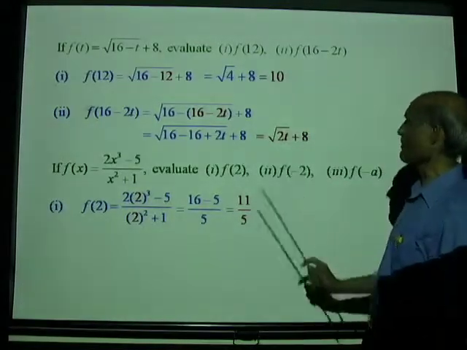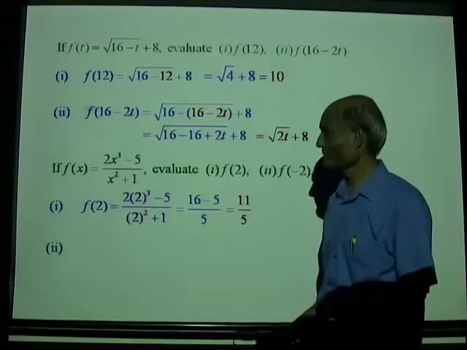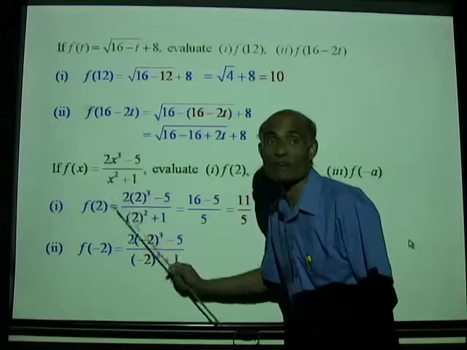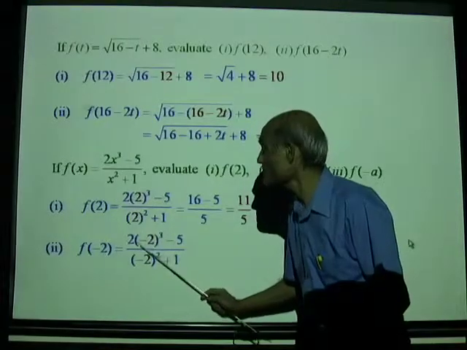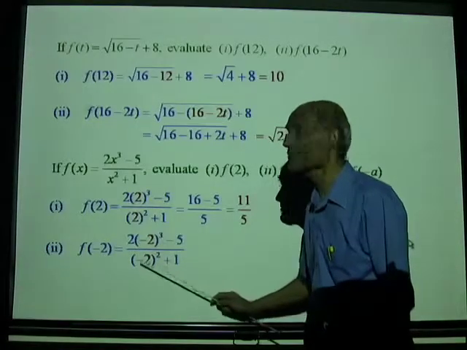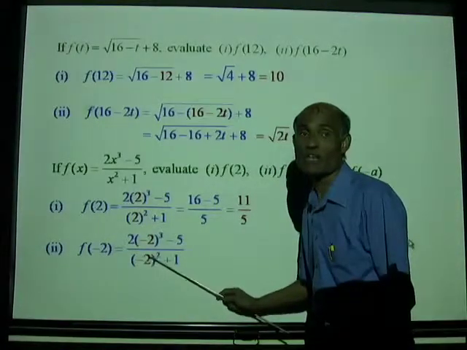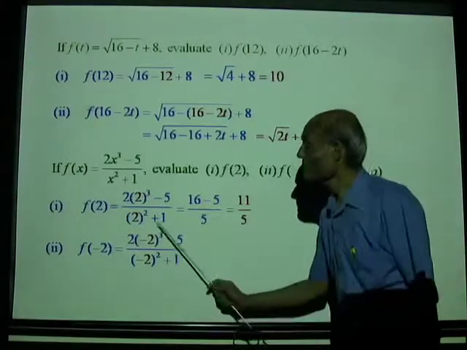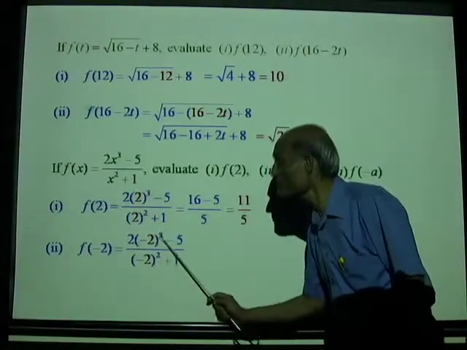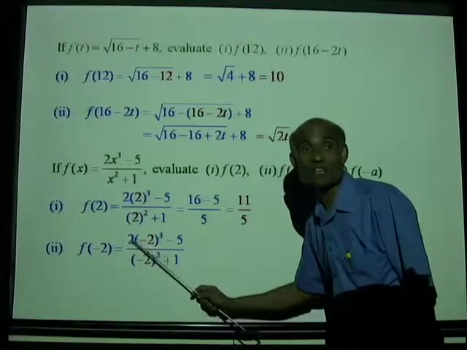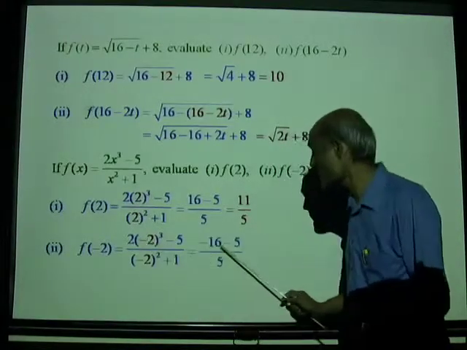How about f of negative 2? F of negative 2 is, replace your x by negative 2. It will be 2 times negative 2 to the power of 3 minus 5 over negative 2 to the power of 2 plus 1. What is negative 2 to the power of 3? That is negative 8. So it is 2 times negative 8.